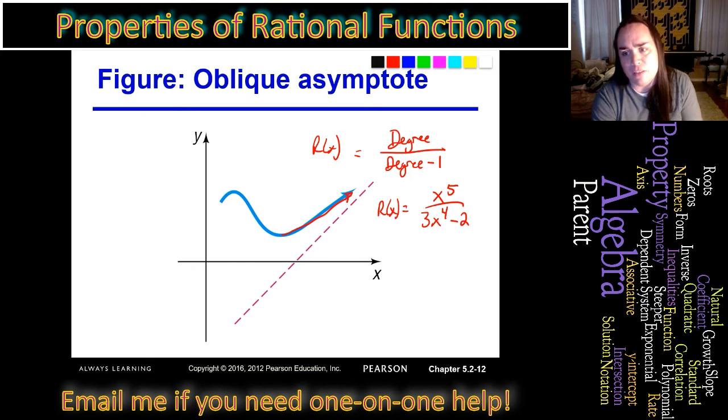Notice that the degree on top is 5 and the degree on bottom is 4. 5 is 1 more than 4. That means that this graph, if I put it into a graphing program like Desmos or whatever, would show that there is a diagonal line that this curve will approach on one side and actually on the other usually.